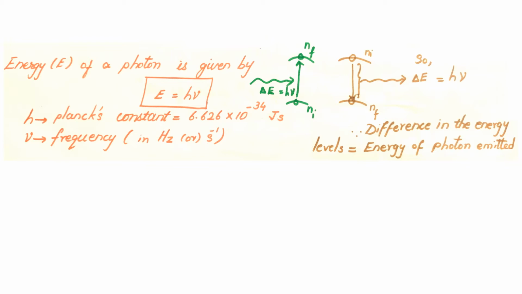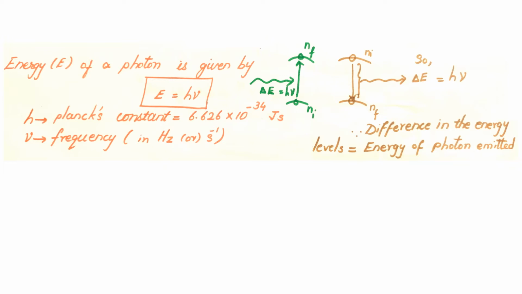So the energy of the radiation emitted corresponds to the energy of the photon emitted by the electron when it moves from higher orbit to lower orbit. Similar is the case when an electron jumps from lower orbit to higher orbit. That is why you have the symbol delta introduced near E in E equal to h nu.